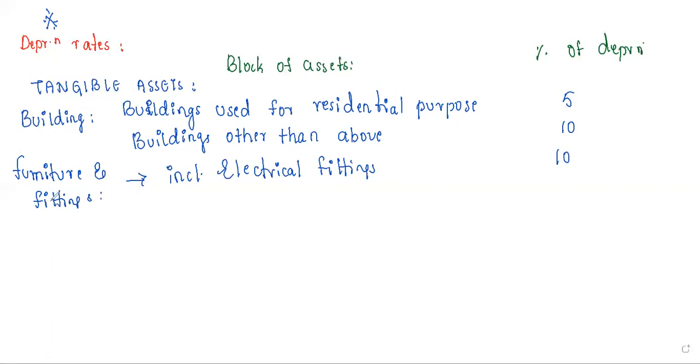So along with that, the next thing that we have here is plant and machinery. So coming on to plant and machinery, in plant and machinery also we have separate parts.